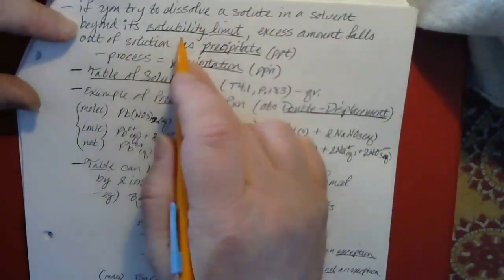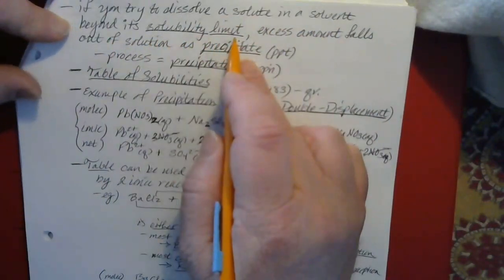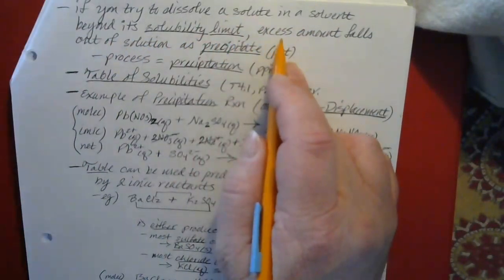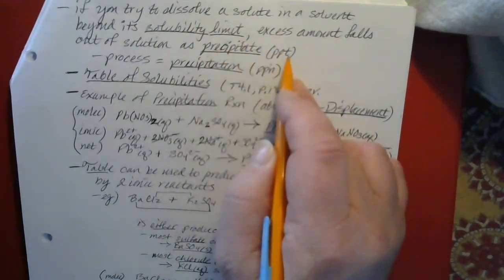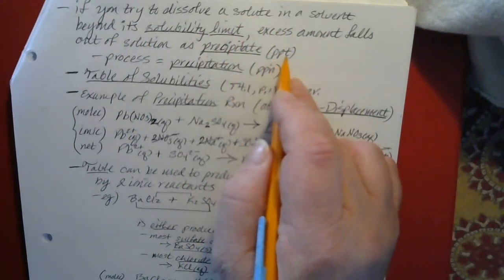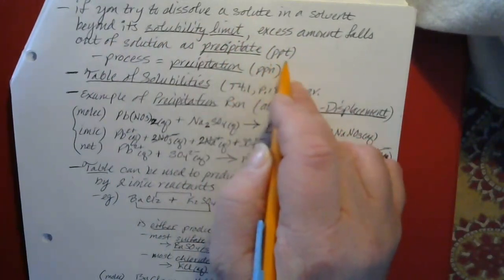If you try to dissolve a solute in a solvent beyond its solubility limit, then normally the excess amount of the solute will precipitate out of solution as a solid, or as a precipitate, or PPT as an abbreviation.